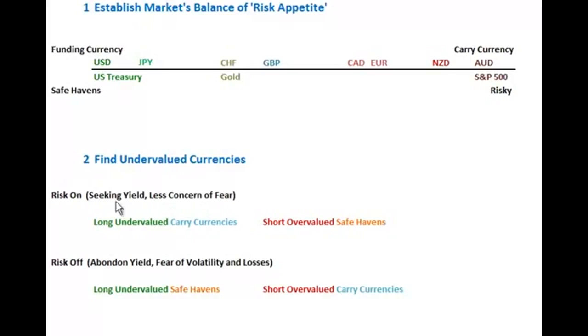All right, so we want to find undervalued high yield currencies to go long, and we want to short safe havens. All right, overvalued safe havens. Risk off, you want to go long undervalued safe havens and short high yield, overvalued high yield currencies.